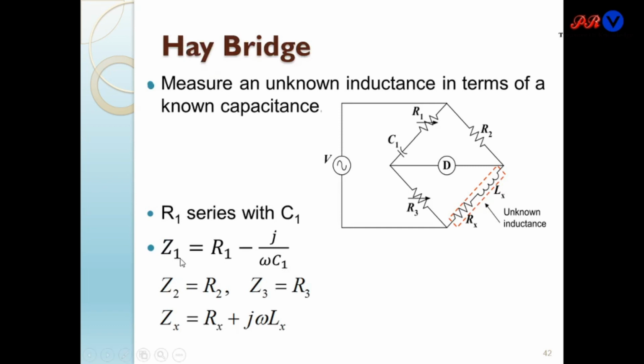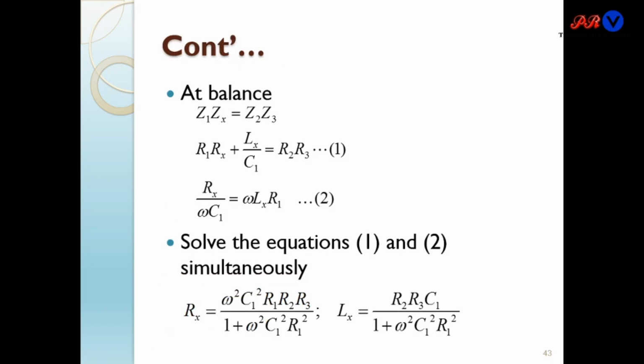Impedance of Z1, this one, impedance of Z2 is R2, Z3 is equal to R3, and Zx, which we want to calculate, is given here. At balance condition we will get these two equations. R1 Rx plus Lx by C1 is equal to R2 R3, but here Rx depends upon Lx, so we cannot use it for calculation.